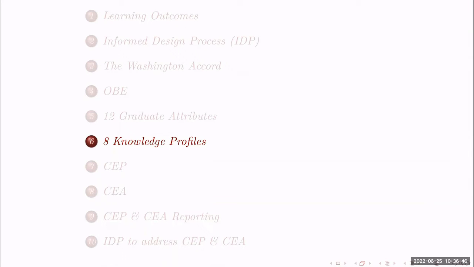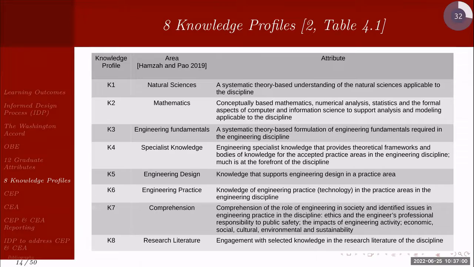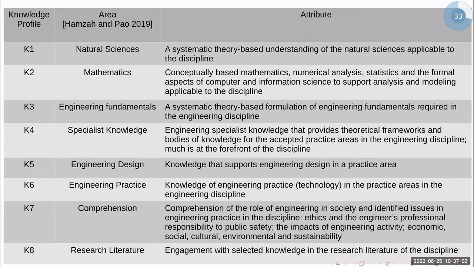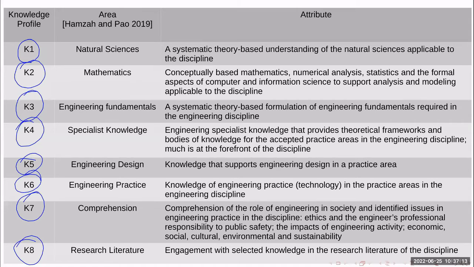Washington Accord also demands that engineering graduates get acquainted with knowledge profiles. What are these knowledge profiles? These are denoted by these Ks: K1, K2, K3, K4, K5, K6, K7, K8. 8 types of knowledge.